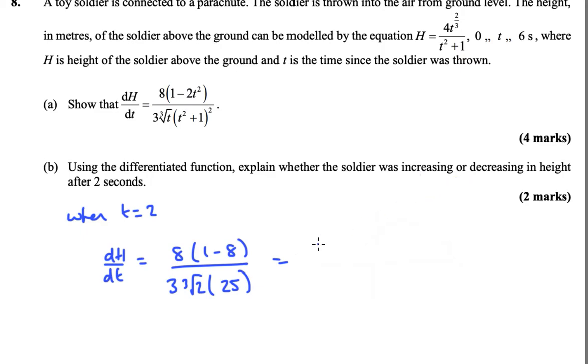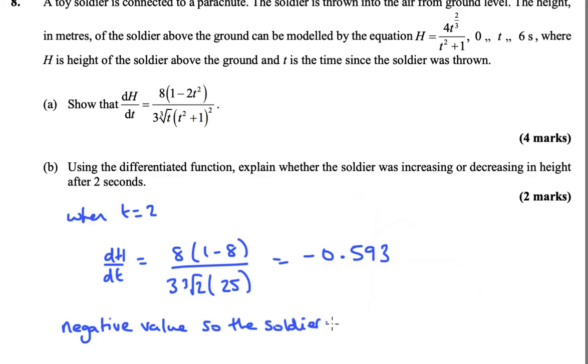And I reckon it is minus 0.593 to 3 significant figures. And then we just need to say negative gradient or negative value. So the soldier is decreasing in height.